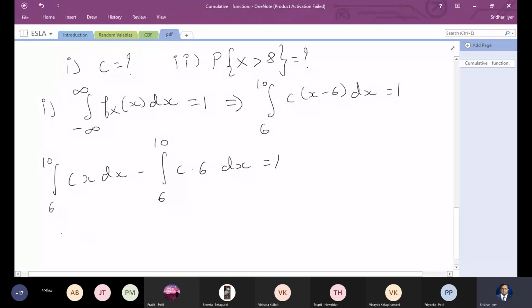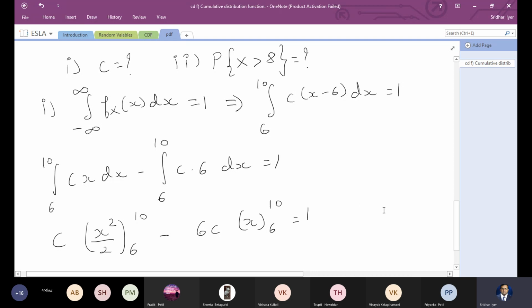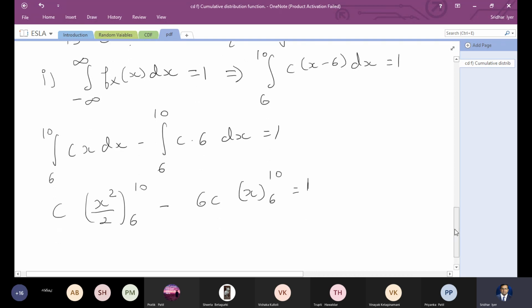Therefore, for the first bracket, I'll take the c outside the integral because it's a constant. Integral of x dx will be x square by 2, and I'll insert the limit 6 to 10, minus. The second term is just a constant, so I'm going to have 6 into c outside, and we'll be left with an integral dx. That value is just going to be x, and the limit will be 6 to 10 equal to 1. Right? I hope you have understood this.